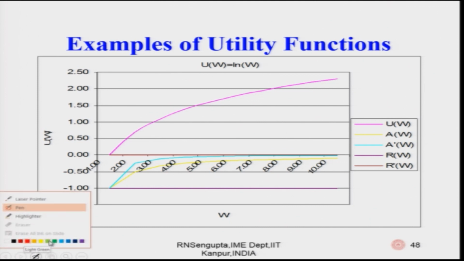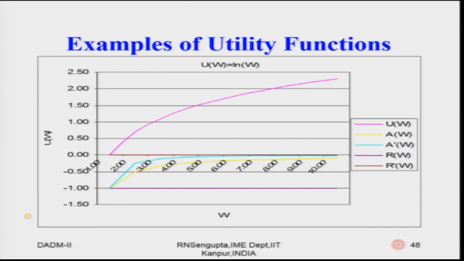I will just use the highlighter of the green one. So, the pink one is u prime, I will just mark that. Then the yellow one is A, which is shown here. I am not going to mark it, but I am just going to move my pointer above that without marking. Then similarly, the bluish green one is A prime, which is also there.